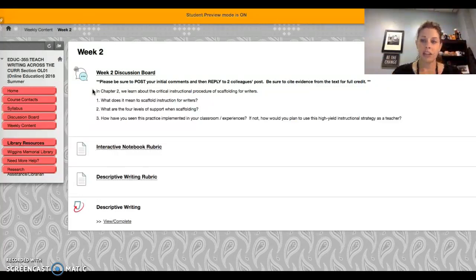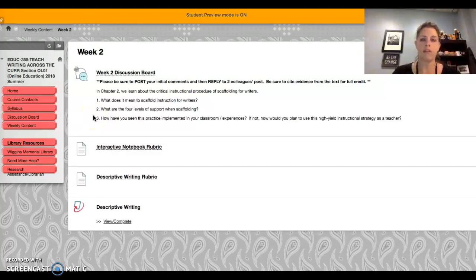But as I shared at the beginning, in order to meet the very diverse needs of the students in your classroom, you're going to have to scaffold your learning. Starting on page 49, and this is where we connect to our discussion board, it talks about scaffolding learning.